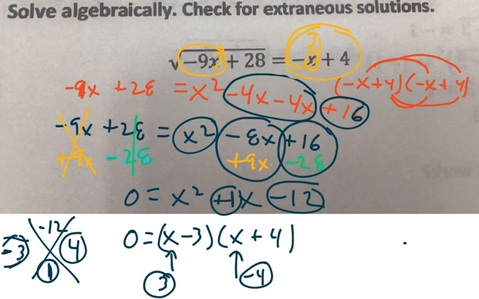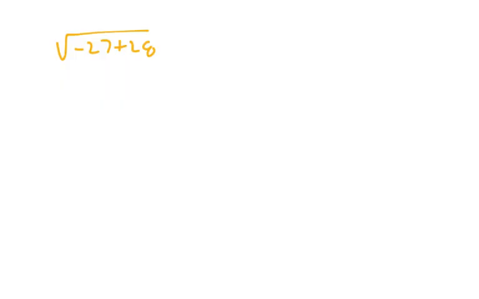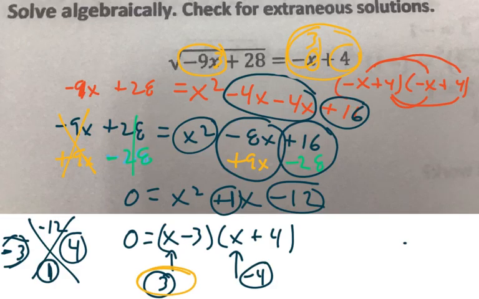Over here, negative 3 plus 4 is a positive 1. Now 28 minus 27 will give us the square root of 1, which of course is 1. So we just proved that 3 is good. Check that off.